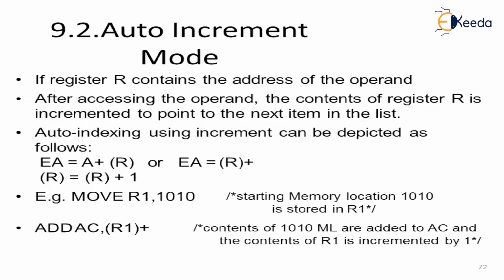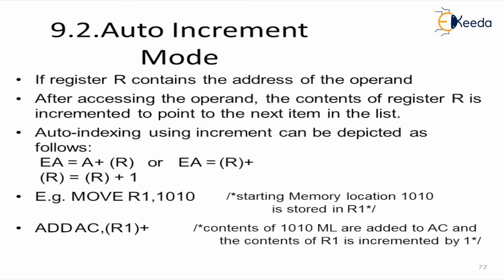The effective address is equal to address plus (R), or effective address is equal to (R) plus, where it may be an address or it may be a command. Here your indirect register R becomes R location plus 1. So if your location is 10, it will automatically get incremented by 1, that will be 11.